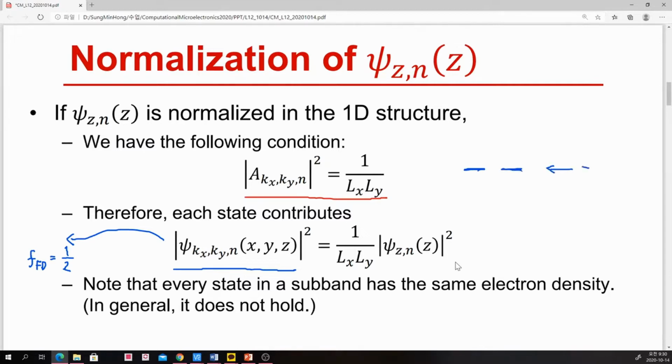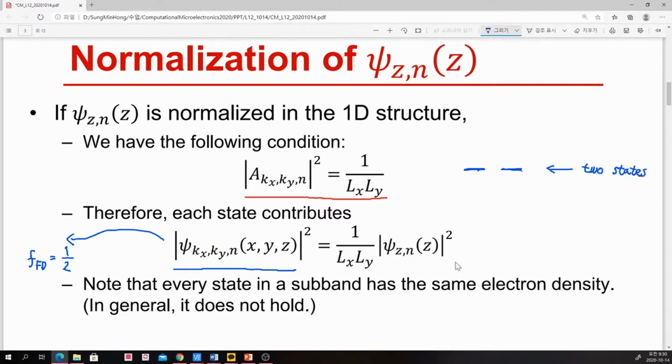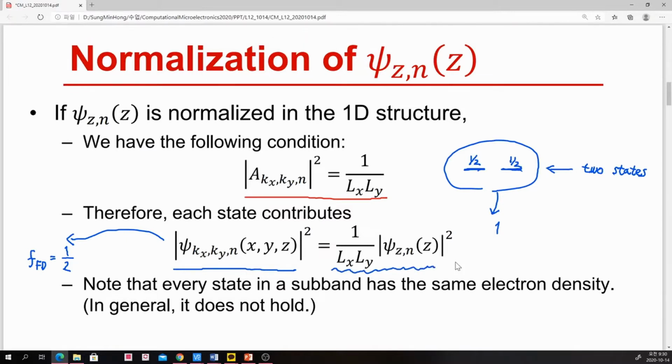Yes, there are two states. However, each of them is just half filled and half empty. Then effectively it corresponds to one fully occupied state, so we will have this function.